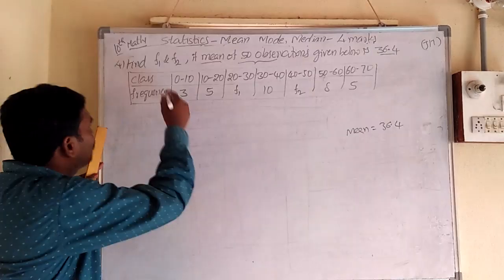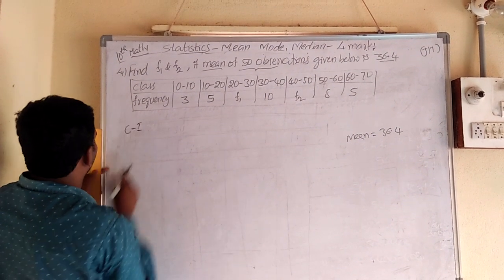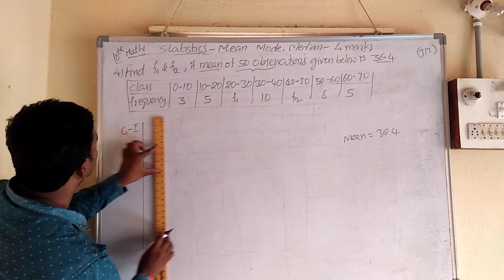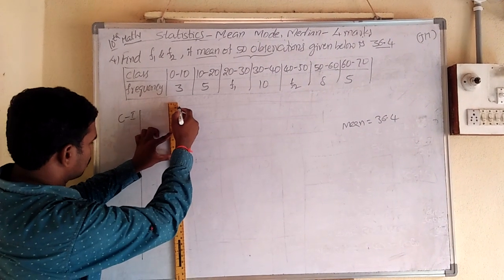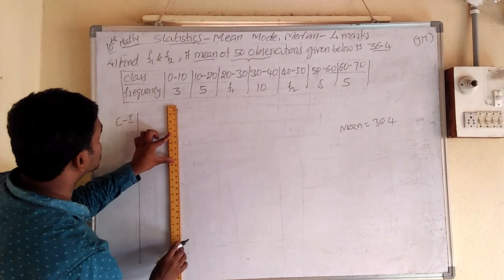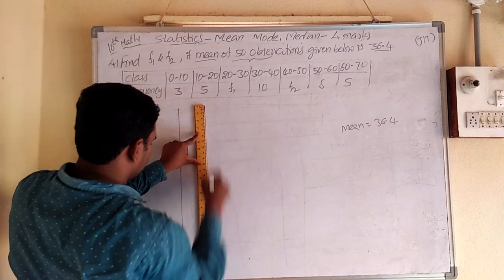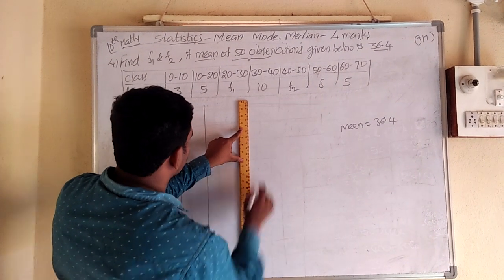Okay. First of all, write the table. Class interval. Next, frequency. Next, observations, xi values. Next, fi into xi values.